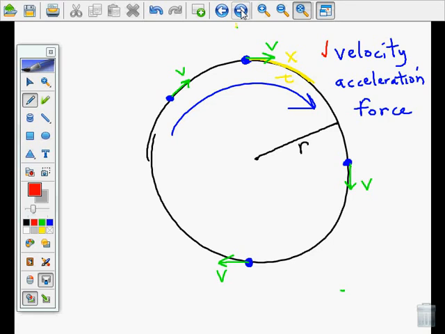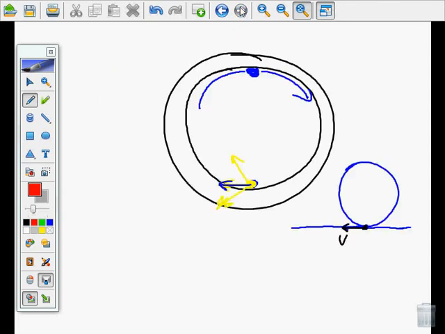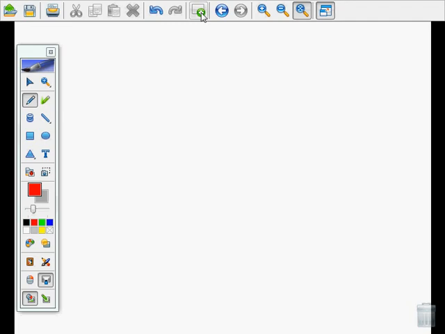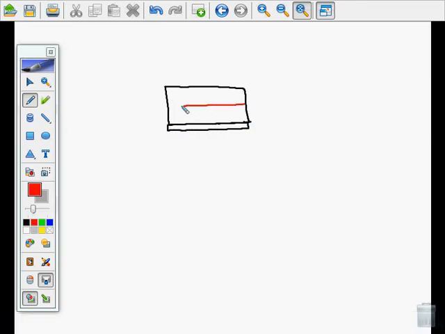Okay, so basically if we go ahead here and draw the accelerometer, inside the little tank, there's red liquid.